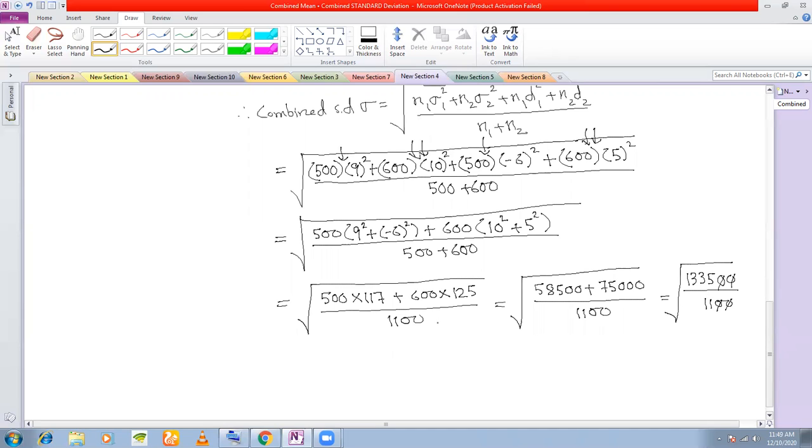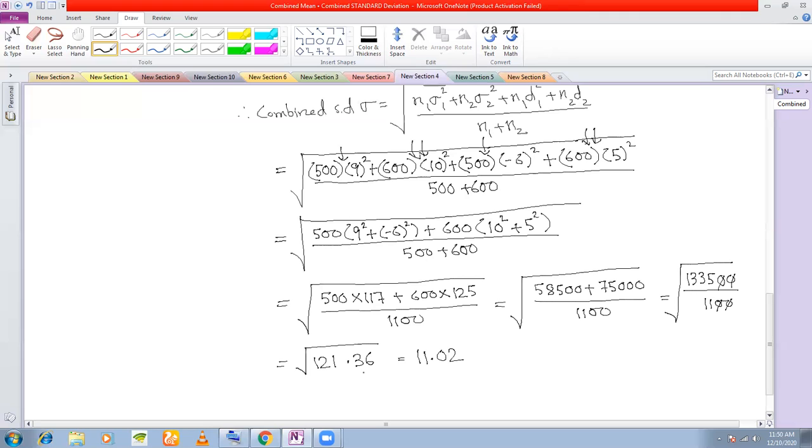So this will be 1335 divided by 11, which is square root of 121.36. Okay, and therefore the square root of this will be 11.01 or 11.02.